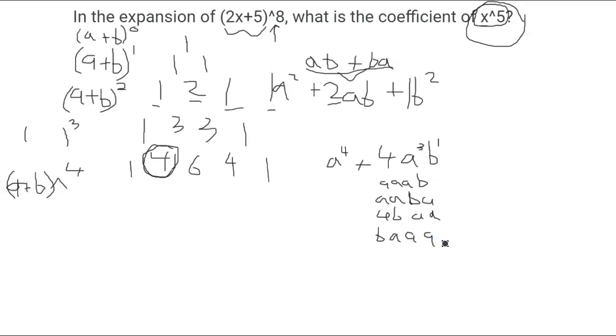There are 4 ways to write down 3 A's and a B. And we add them together, right? We don't care about the order in the end, so we use 4. Well, not caring about the order, that's exactly what a combination is.